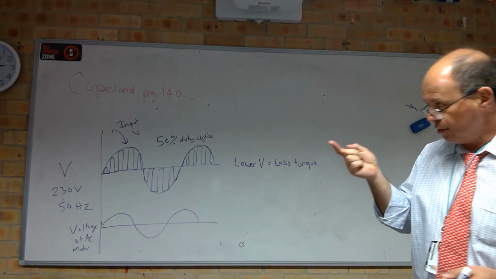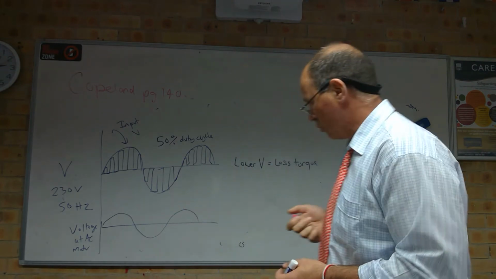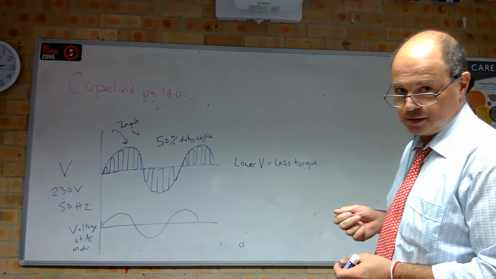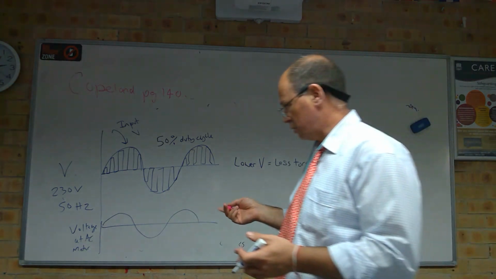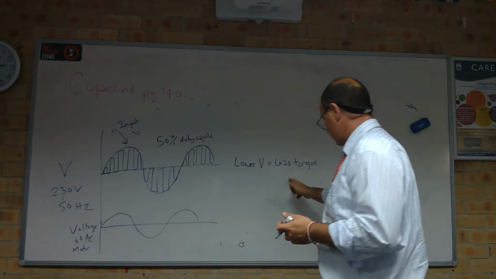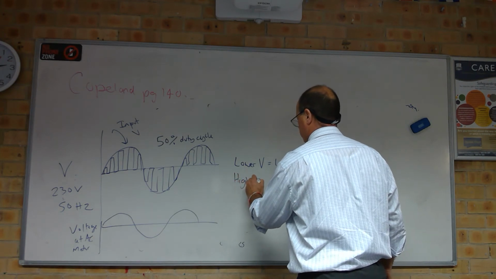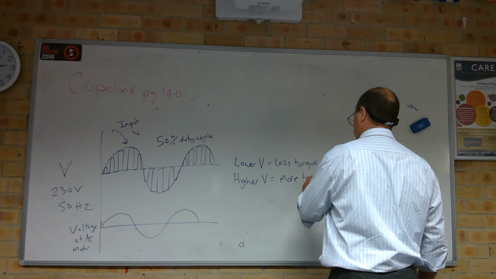So that is not going to help us in our situation where we want to change the speed. That's not helpful for us at all if we just change the duty cycle. But it will give us lower voltage is less torque, and a higher voltage equals more torque, okay?